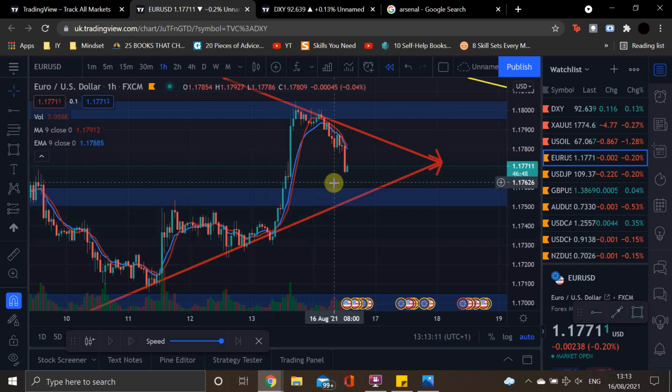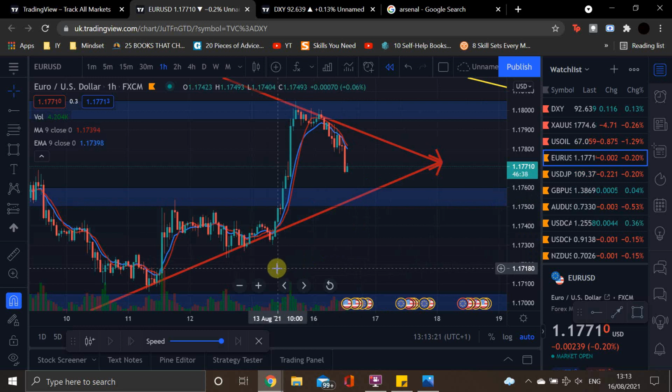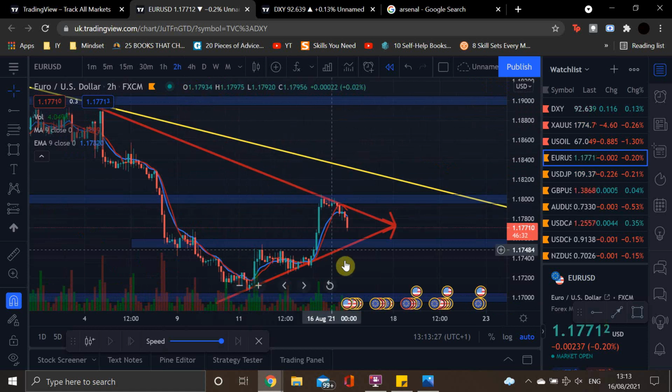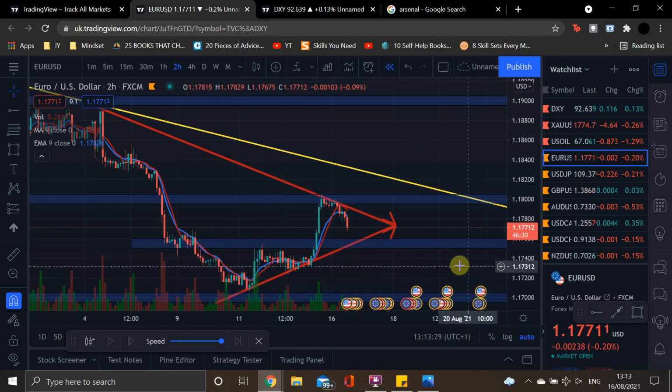All we have to wait for price to do is get to this level here and react. Will it push up? Maybe we can go for a buy. Will it push below? Maybe we can go for a sell. Take profit number one would be the previous level structure, so it'd be 1.174.